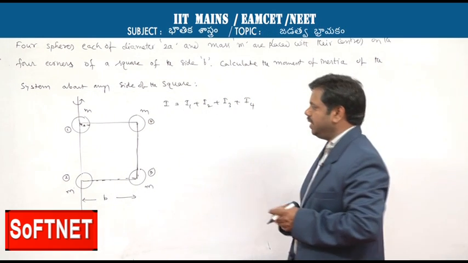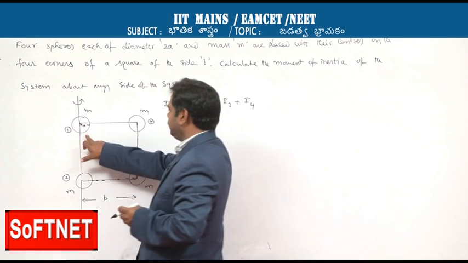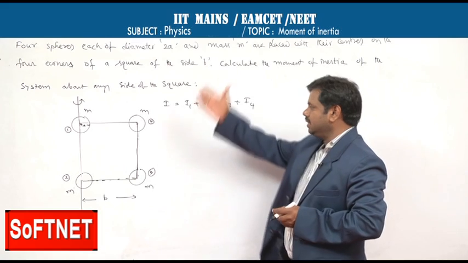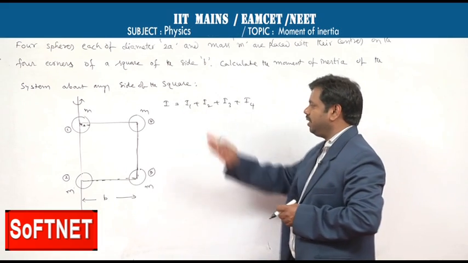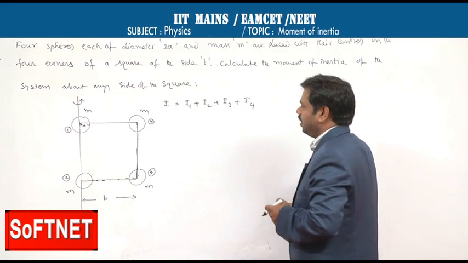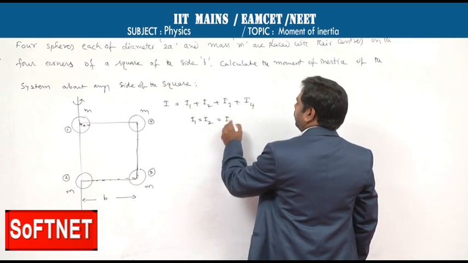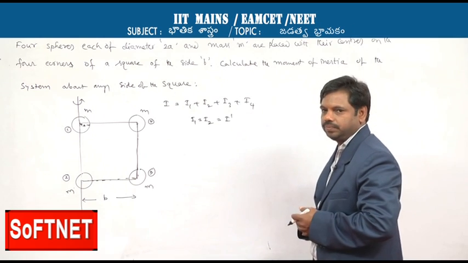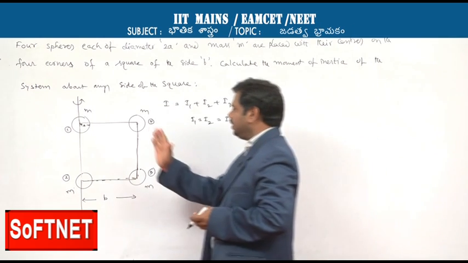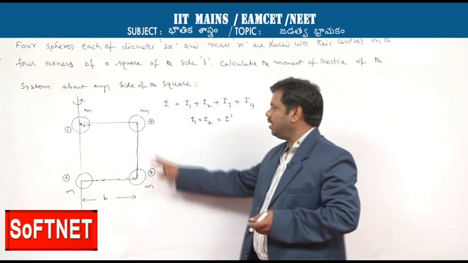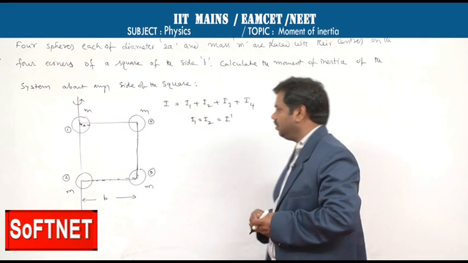Now for the first sphere and also the second sphere, the axis is actually along the diameter, so the moment of inertia also will be the same. Let me call I1 is equal to I2 is equal to I dash. And similarly about this axis, the moment of inertia of the third sphere and also the fourth sphere are symmetrical.